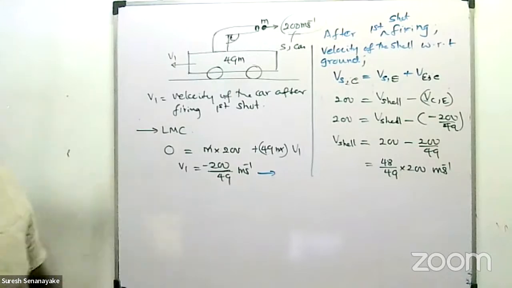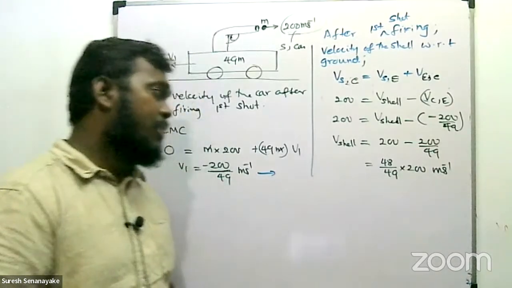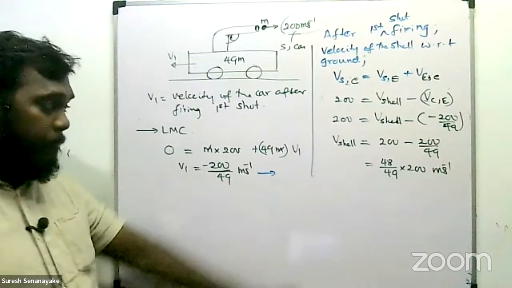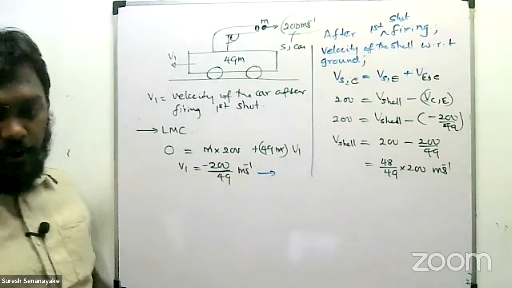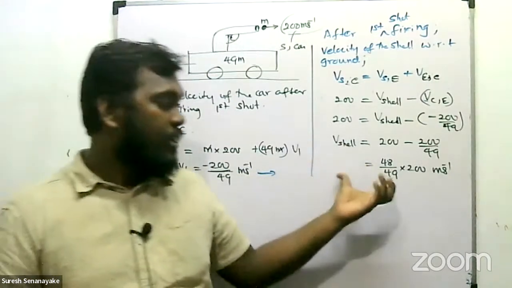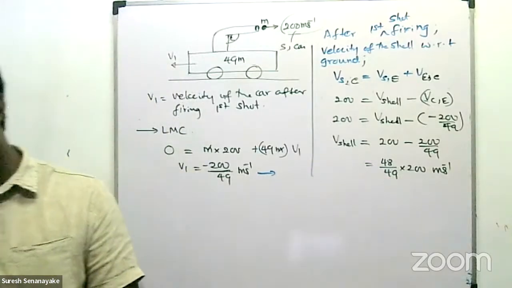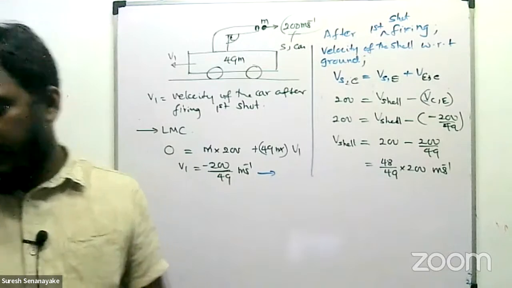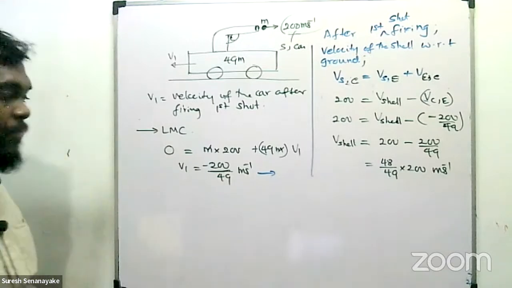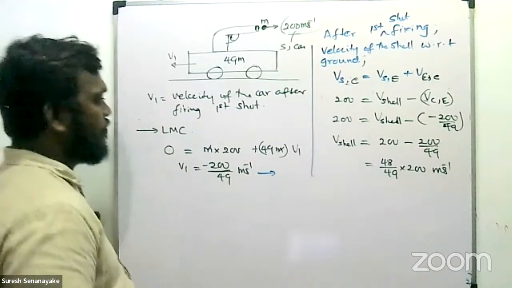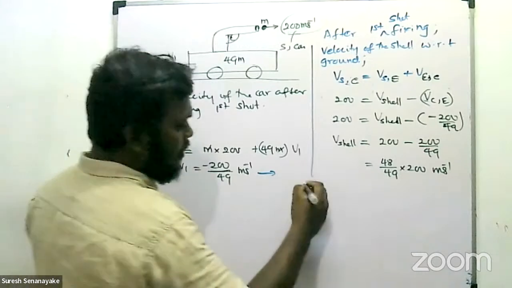Before we go into the second firing, you need to know this velocity, because now there is initially a momentum. So now we apply conservation of linear momentum for the second shot.